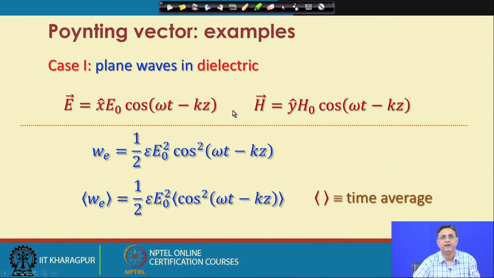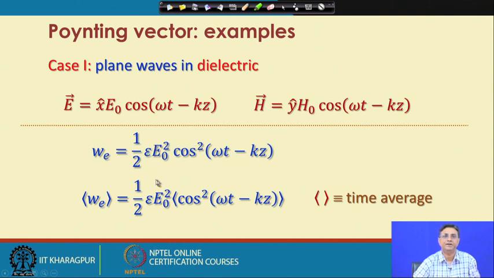Then the magnetic field can be written as this, because the electric field is x polarized and the magnetic field is y polarized. So, the energy density associated with the electric field can be calculated as the integral of this, half of epsilon E 0 square cosine square omega t minus k z.